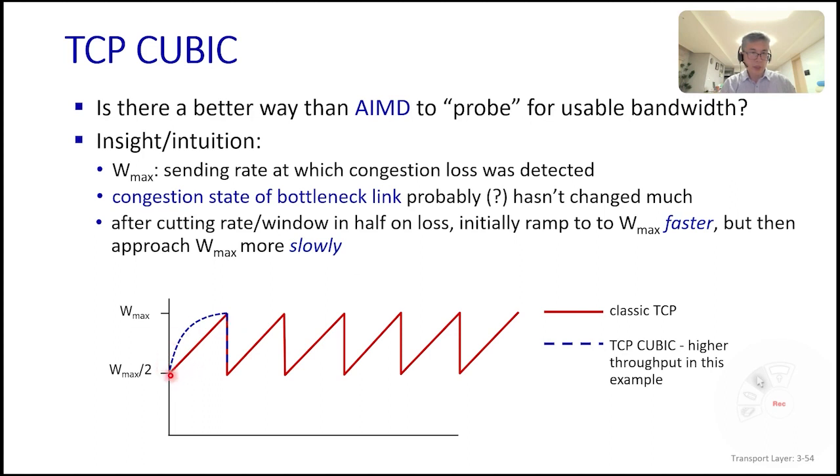From here it increases more quickly, but as it approaches W max, it then slows down. Eventually it reaches the same AIMD max value. So this is CUBIC. It is a kind of cubic curve. This is the better approach.